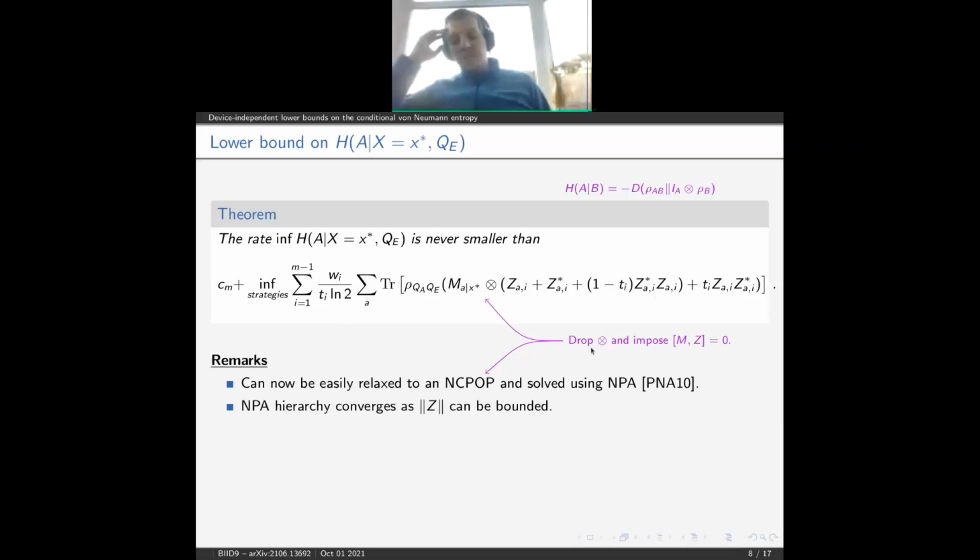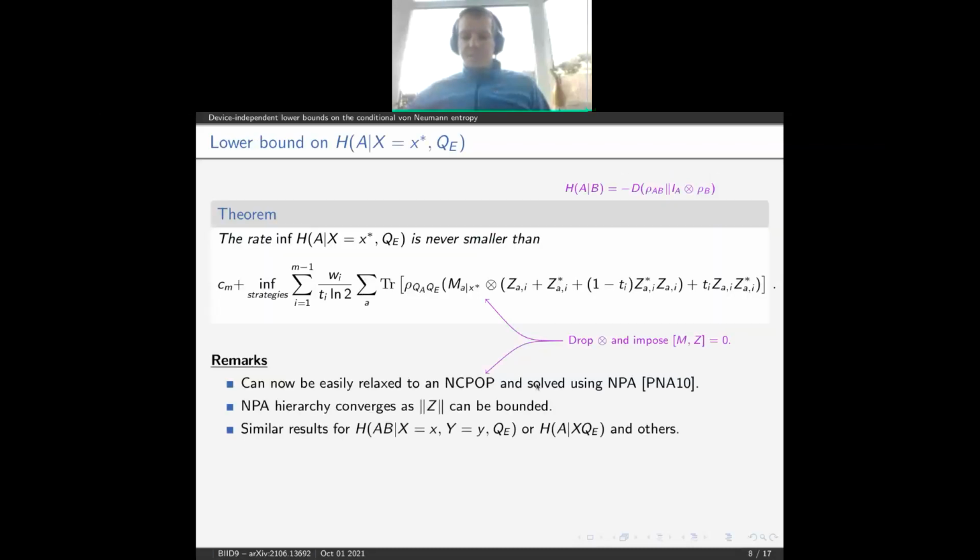Okay, on a technical level, we can also show that the NPA hierarchy will converge for this problem because we can impose explicit bounds on the operator norms of these Z variables here.